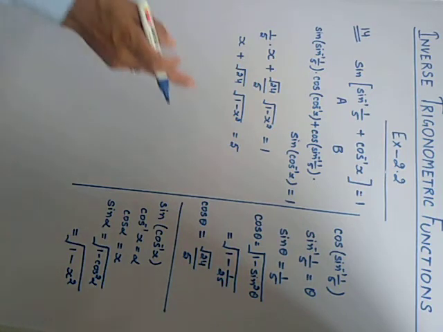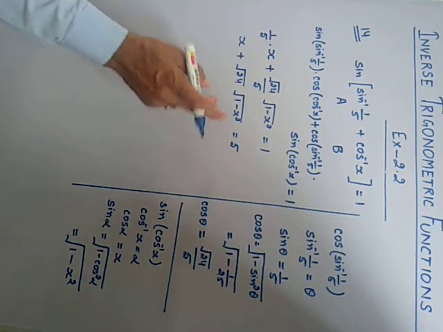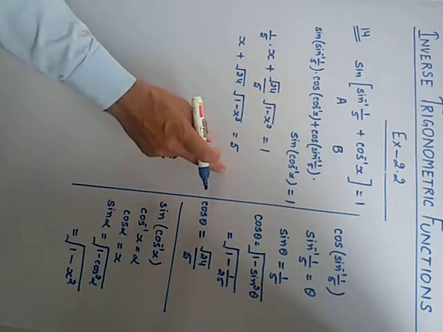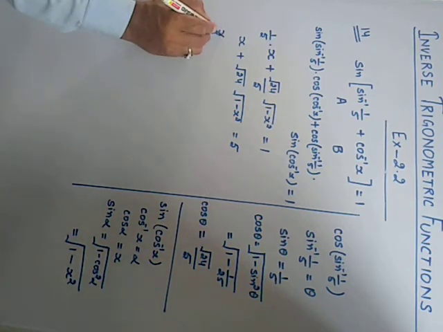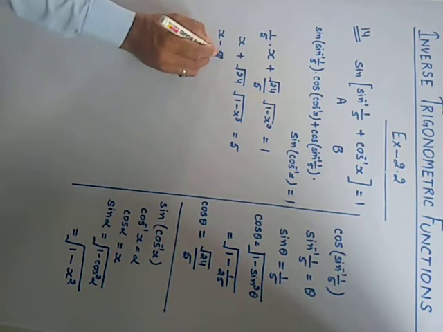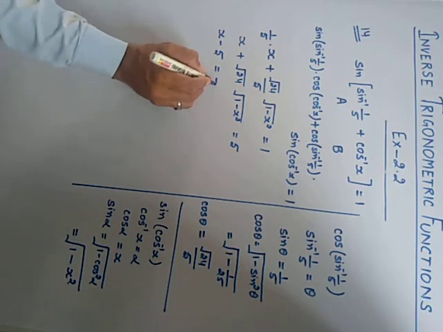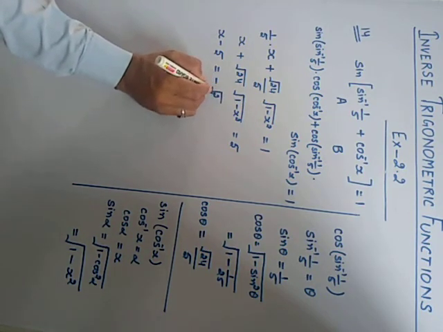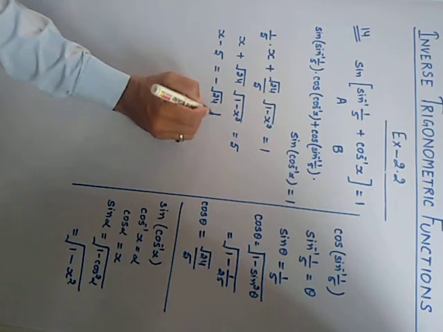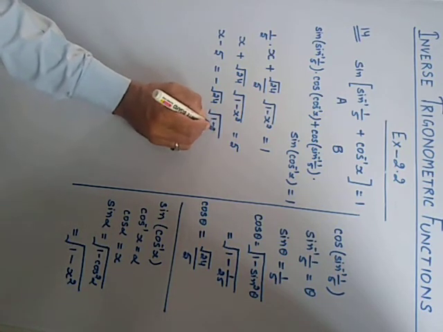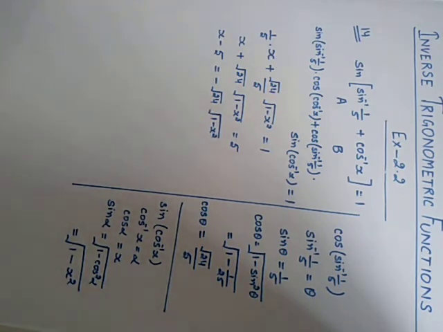We will shift 5 here and this square root this side. So it will be x minus 5 equals minus root 24 into square root of 1 minus x square.